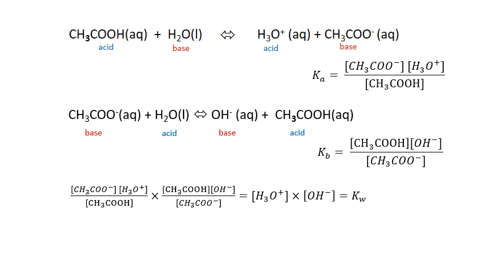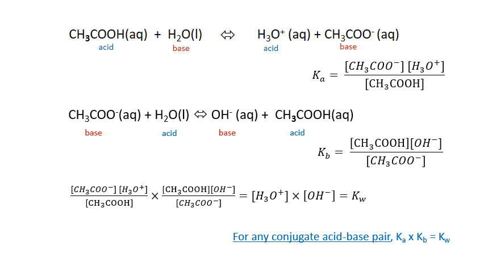So they can all cancel out, and what you wind up with is H3O plus times OH minus, which we recognize as the expression for Kw, the autoionization equilibrium constant, and we know its value. Its value is 10 to the minus 14 at 25 degrees. Okay. So Ka times Kb for a conjugate acid-base pair, Ka times Kb is Kw.